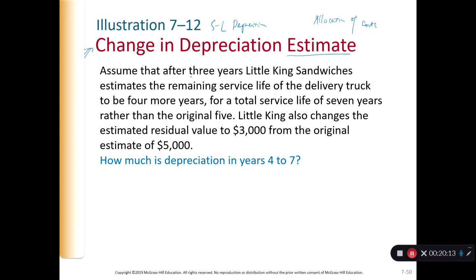Assume that after 3 years, Little King Sandwiches estimates the remaining service life of the delivery truck to be 4 more years. Remember, it was originally only 5 years. Right now, at the end of the third year, the company feels like, oh, we can actually use it 4 more years, for a total life of 7 years, rather than originally 5 years.